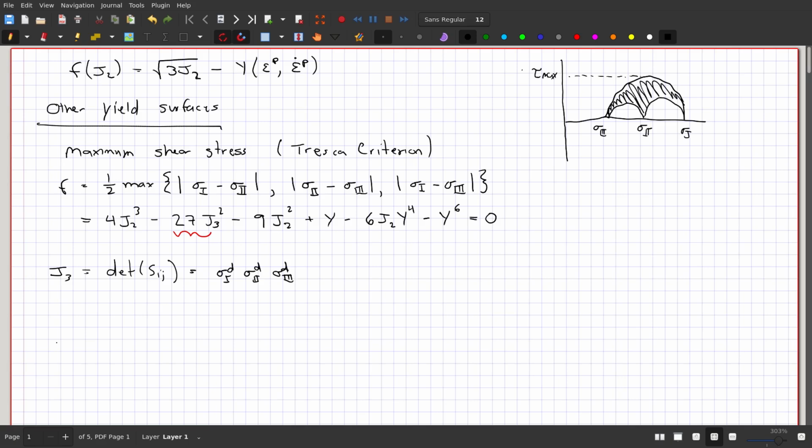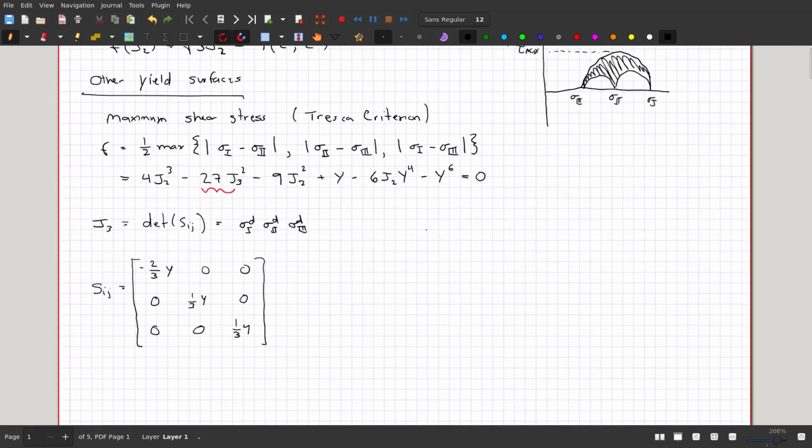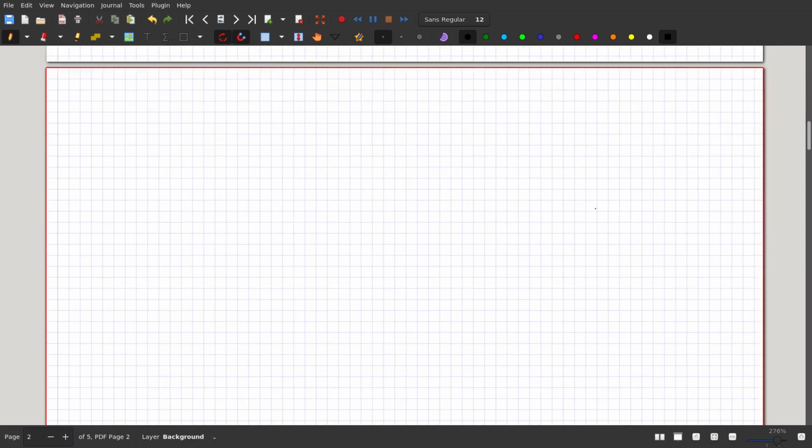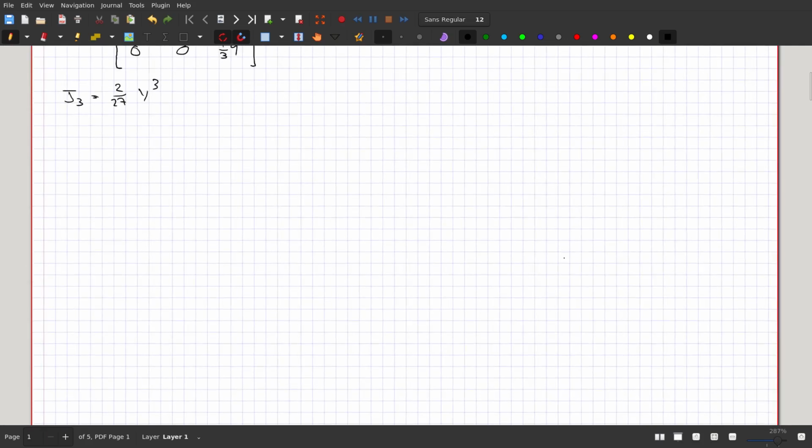And so we looked at before in a uniaxial tensile test, the deviatoric stress at the point of yielding is like this, and so J3 in this case, as I have it written, is 2/27 y cubed.